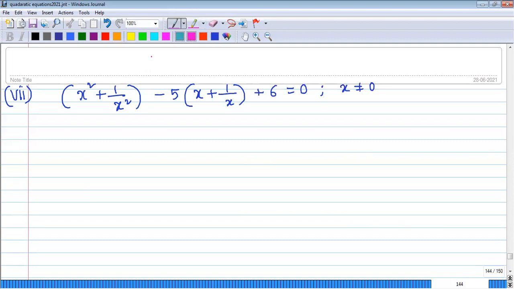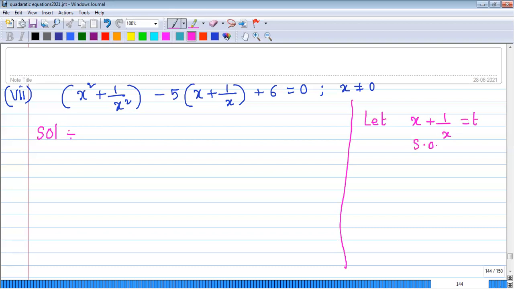Okay. So first, my dear students, we need to express x square plus 1 by x square in terms of x plus 1 by x. Suppose x plus 1 by x is equal to t.